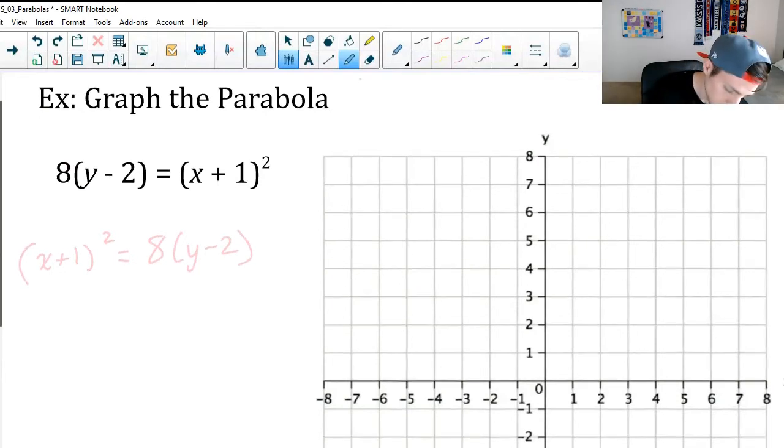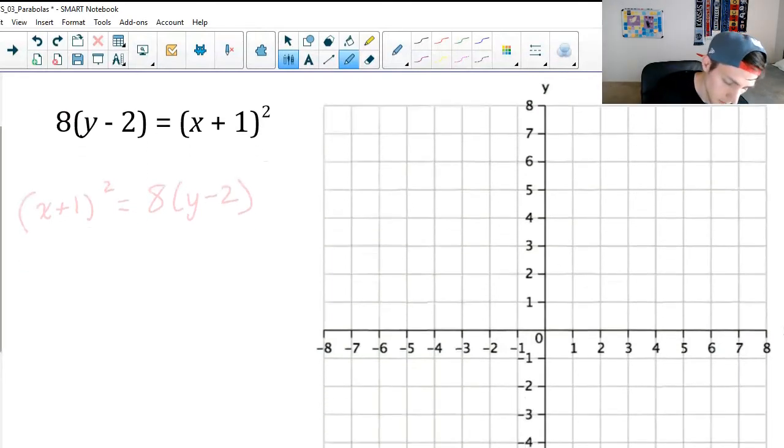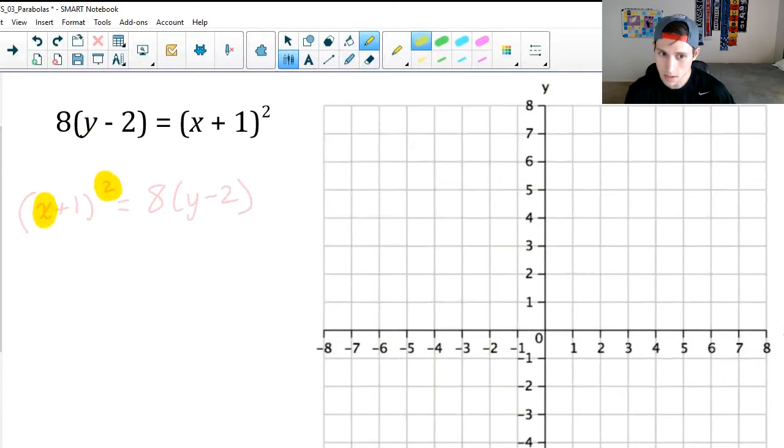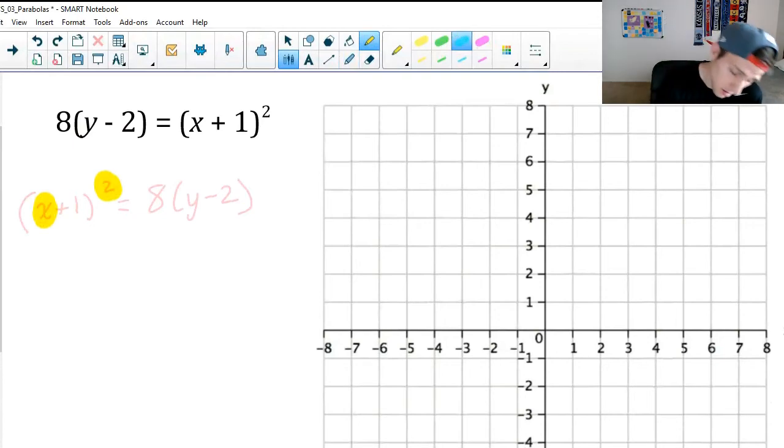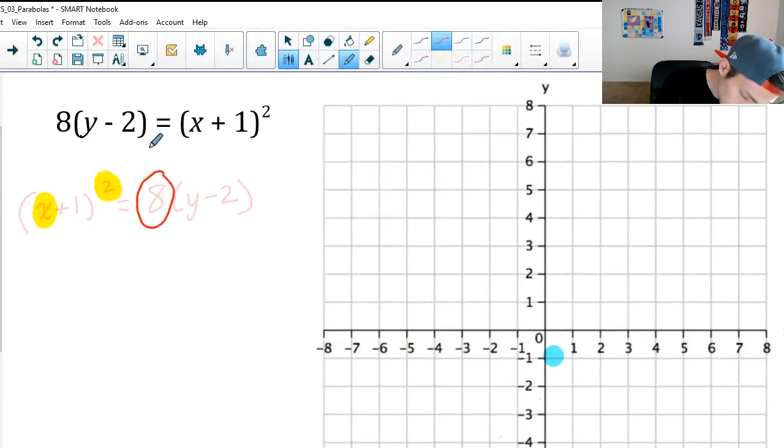All right, since I see that it is the x variable that is being squared, I can tell this should be going either up or down. So from here, I just need to determine what the value of the lowercase p is.